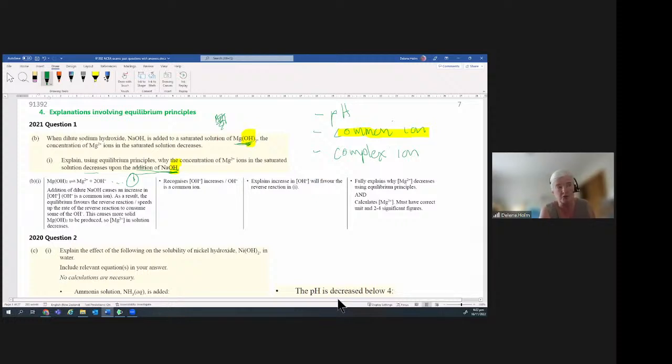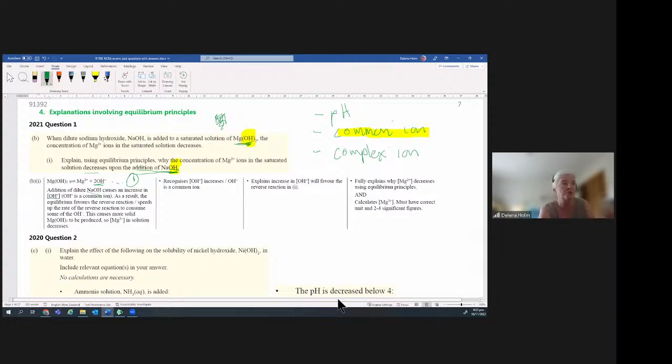I mean, here they've done it very briefly. I would have preferred a much more detailed one, but it's basically saying you're adding OH minus, so you're increasing the concentration of OH minus. And you'll see that they've specified that OH minus is a common ion. So as a result, I would have said the equilibrium favors the equilibrium in equation 1. They've only got one equation here, so it's not too bad.